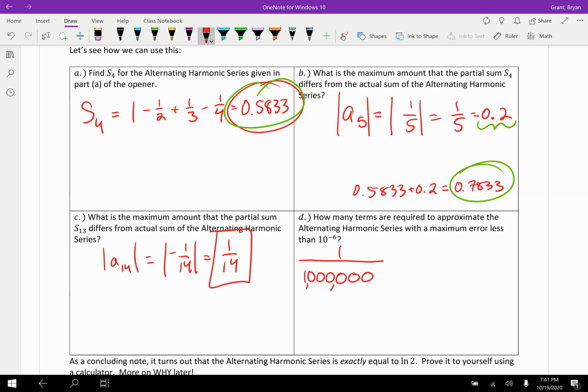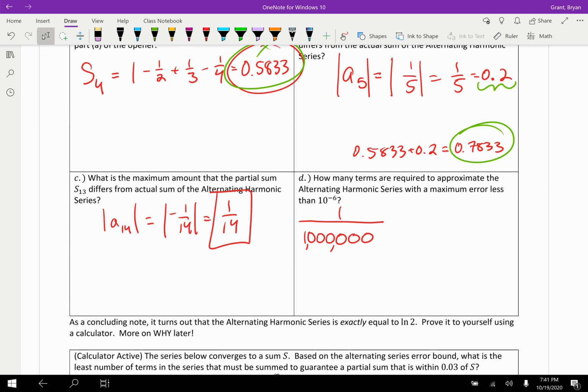That, to me, is extremely close. How many terms do we have to add up in order to get a sum that is within 1/1,000,000th of the actual value? That's really close. A tolerance of 1/1,000,000th is essentially the same. Well, how do we do that? The way I like to do it is I like to find the actual term number that creates this from the alternating harmonic series.